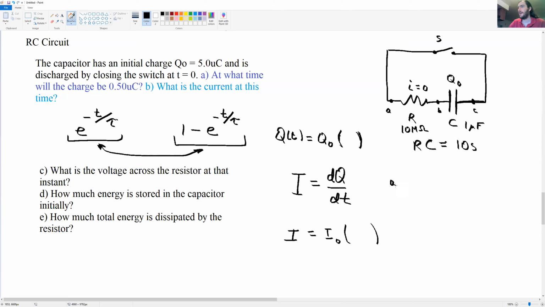So for part A, we want to solve. I'm just going to give the function here. So the charge as a function of time is going to be some initial amount of charge times e to the minus t over tau. This is the function that is decreasing over time. 1 minus e to the minus t over tau, that is an increasing function.